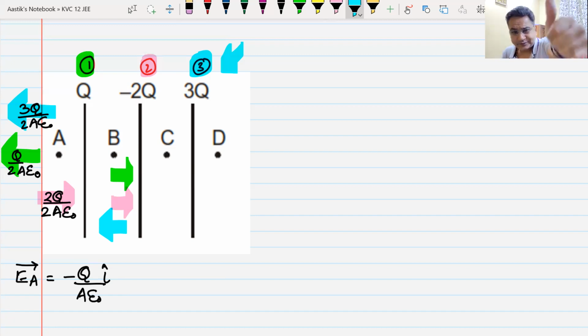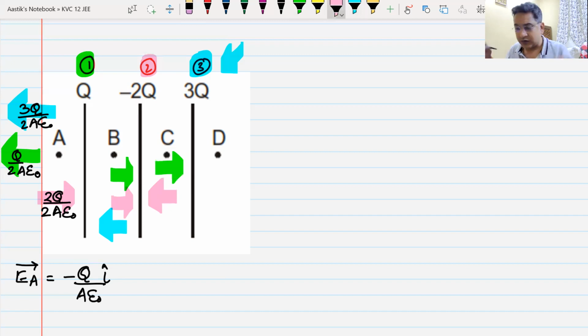Do we understand this? Yes, sir. Then moving on to point C. At point C, the green field will go away. The pink field will come towards. The blue field will go away. Away and away get added up, and you subtract the towards field, and you get the field.